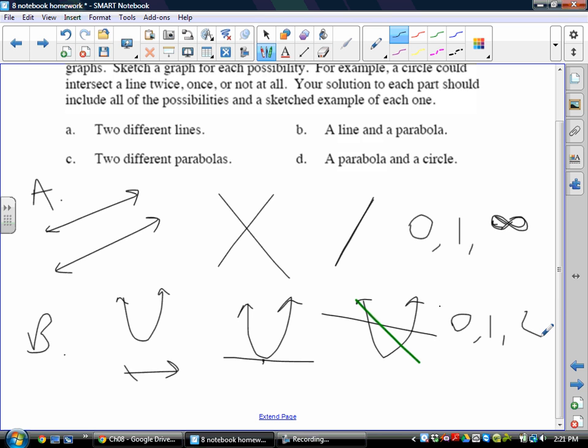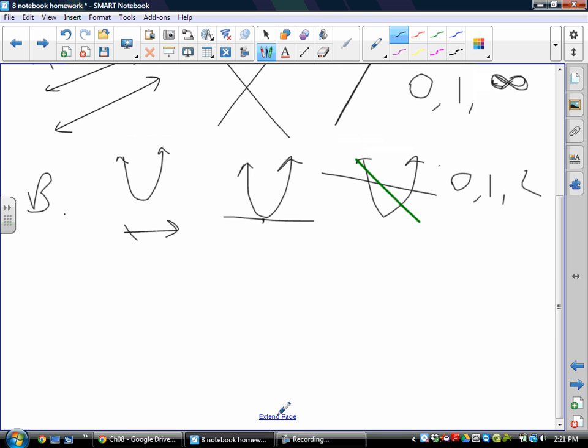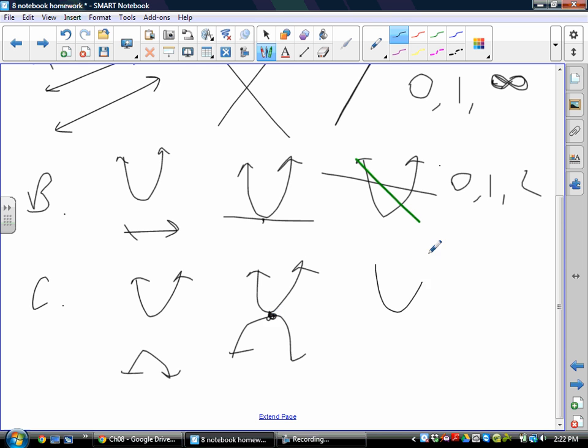Part C, 2 parabolas. Alright, let's think. First of all, they could never touch if they're reflected from each other. They could touch exactly once if they have the same vertex. If I have it maybe like this, that's 2 times.